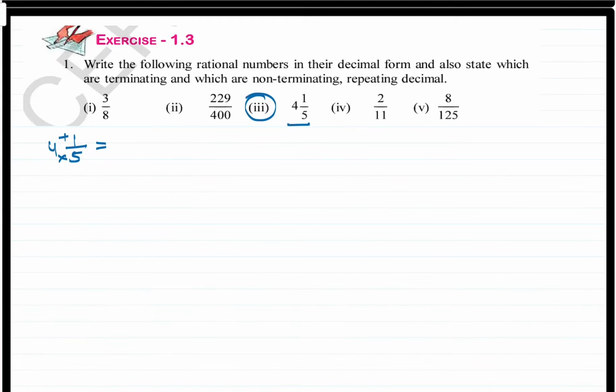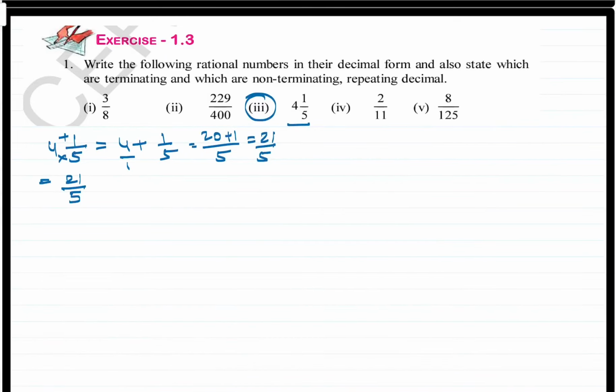Actual meaning is 4 plus 1 upon 5, so we take the LCM, 21 upon 5. Directly, you multiply 4 by 5 and add 1, it becomes 21, with the denominator 5. So this is equal to 21 upon 5.